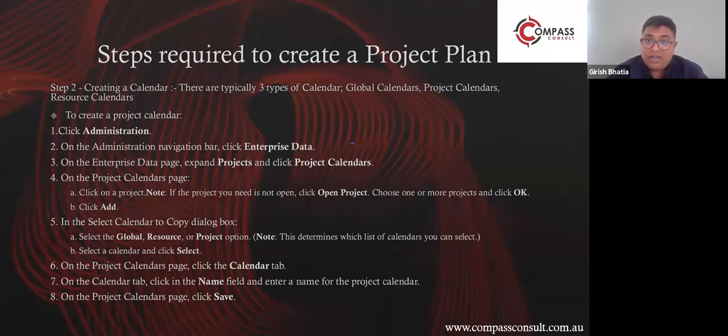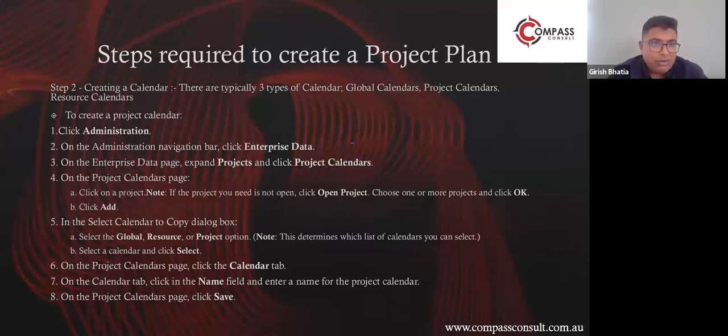Those are resources which will be working only 2 or 3 days. So every resource has got their own specific calendar. Every project has got their own, and global calendars are basically calendars which come with your Primavera program. I hope that makes clear sense to everyone.